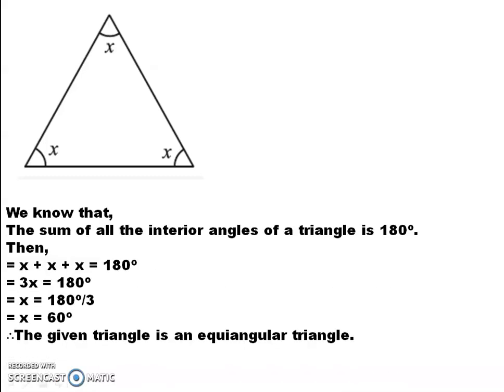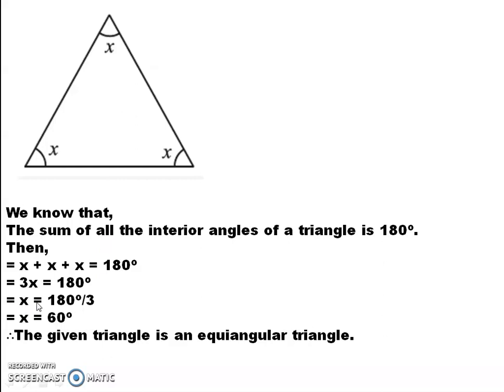So here we are applying the knowledge from algebra. x plus x plus x, 3x. 3x is equal to 180 degrees. x is equal to 180 divided by 3. Why? Here 3 is multiplied. So when you take it to the other side, it becomes division.